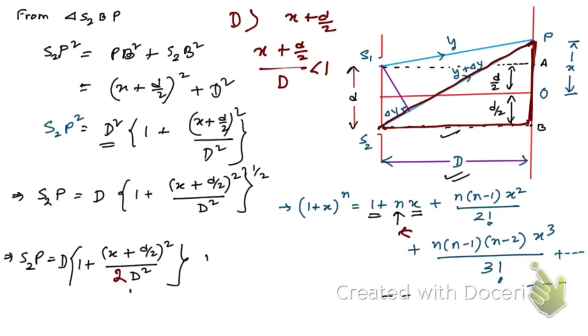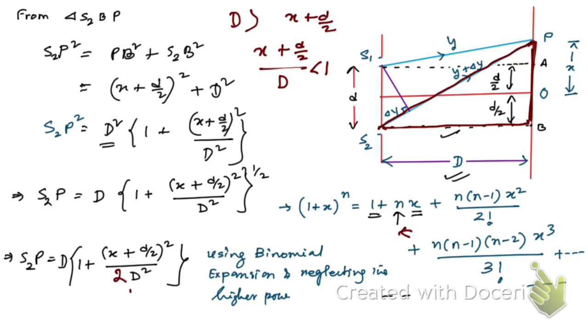So here we're gonna write using binomial theorem, using binomial expansion, and neglecting the higher powers, of the term x plus d by 2 divided by d square.